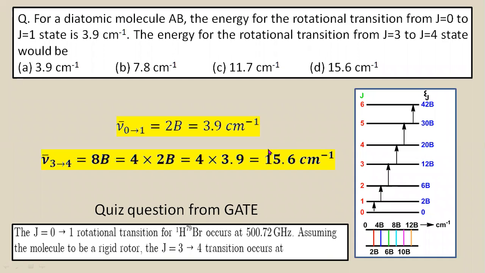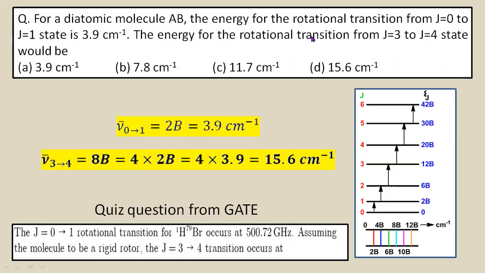Let us now try to use the concept we got and solve one problem. This came in the CSIR exam. For a diatomic molecule AB, the energy for rotational transition from j equal to 0 to j equal to 1 state is 3.9 centimeter inverse.